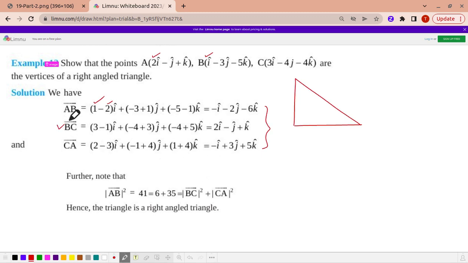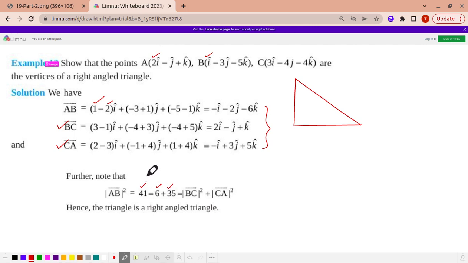That is BC square, which is 2 square plus 1, that is 6, and CA square, which is minus 1 square plus 3 square plus 5 square, that is equal to 35. So 6 plus 35 is equal to 41, which is nothing but mod of AB square.